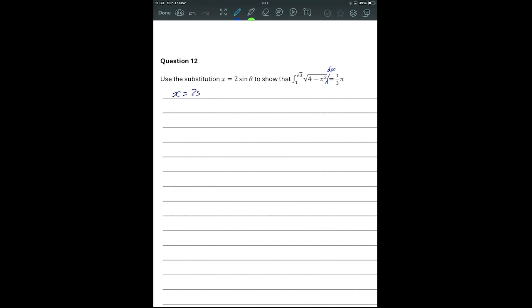First thing that's incredibly helpful to do is to find your dx by d theta. Differentiate your substitution. That's going to give me 2 cos theta, which, if you like the cheeky way of writing it, is saying that dx is 2 cos theta d theta.